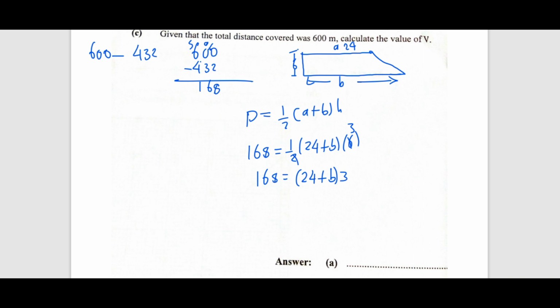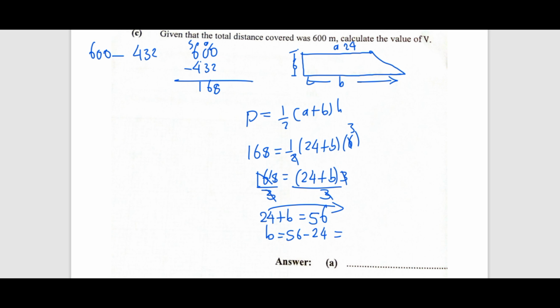Then if we want, we can expand, or if we want, we can just go direct. We divide by 3, also here by 3. So that we have 24 plus b is equal to 3 here is 1, 3 here, 3 into 16 will give us 5, remainder 1. Then into 18 is 6. So we shift this to the other side. So b will be equal to 56 minus 24.